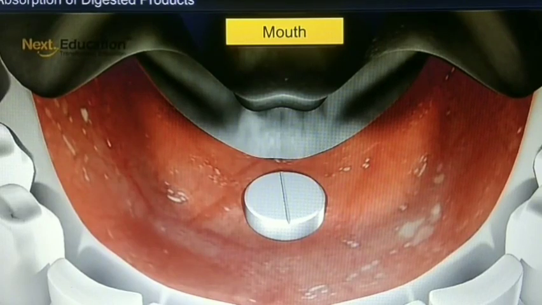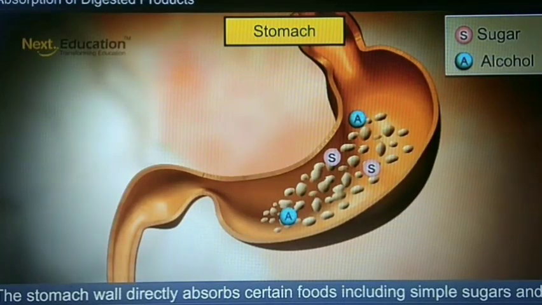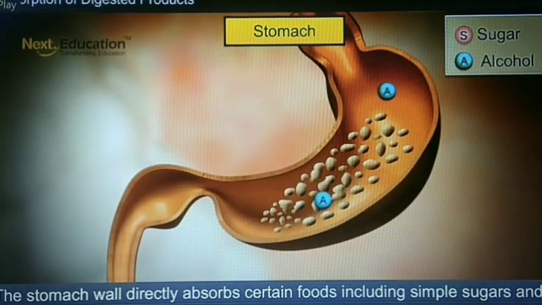Then inside the stomach, substances like sugar, alcohol and water are absorbed. So sugar, alcohol and water absorption takes place inside the stomach.